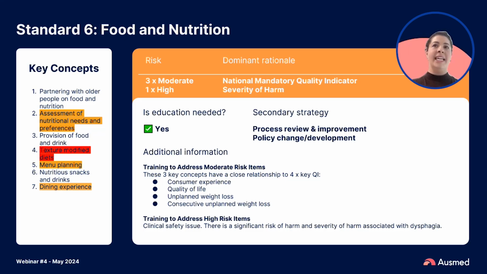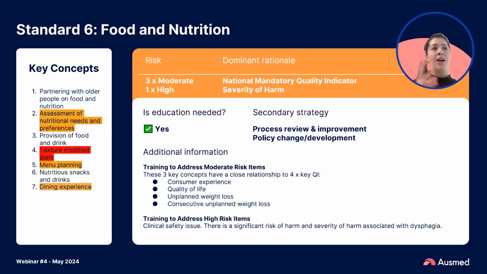With standard 6 food and nutrition, as you can see on the left in orange, we've identified 3 moderate risk concepts: the assessment of nutritional needs and preferences, menu planning, and creating an enjoyable food, drink, and dining experience.